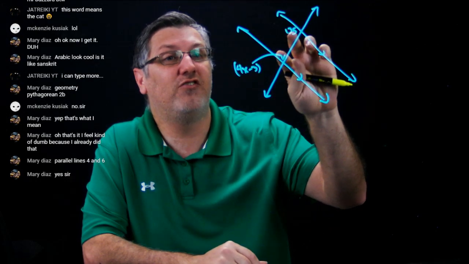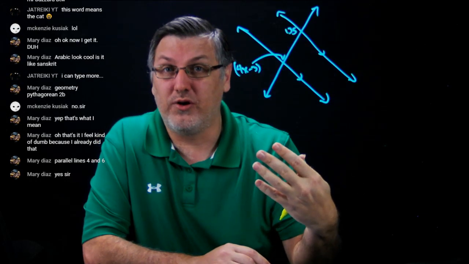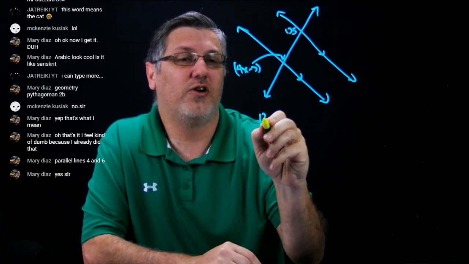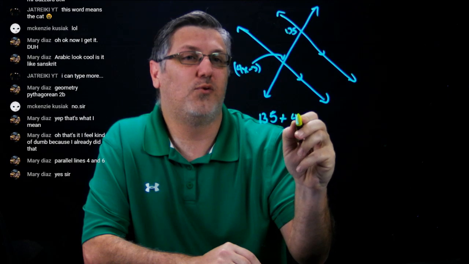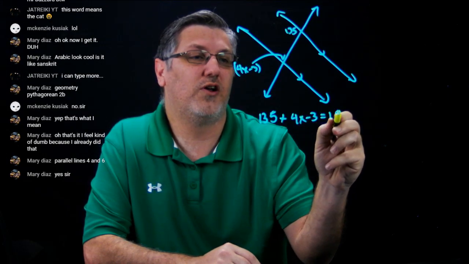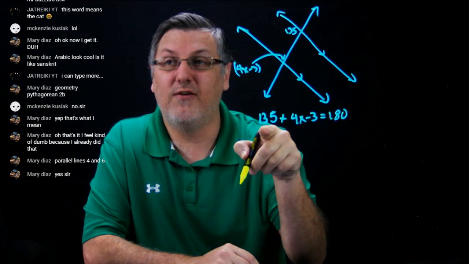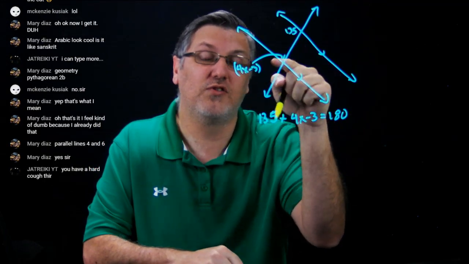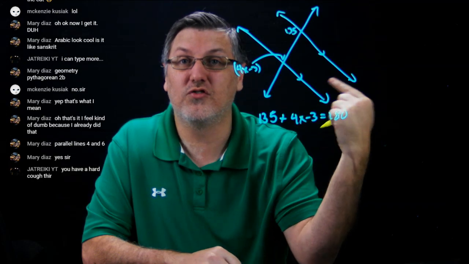So I use that to set up my equation to find x: 135 plus 4x minus 3 equals 180. Here's the first angle, here's the second angle.